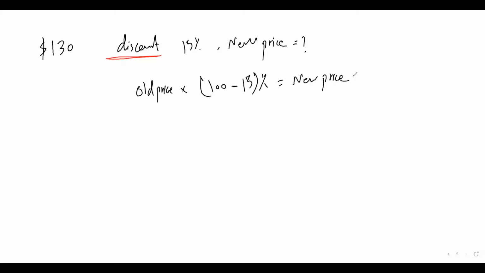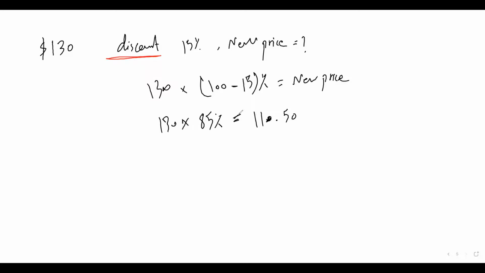And we know the value for old price, that is 130. So 130 times 85%, that gives you 110 and there's a 50 cent, I believe. Yeah. So this is the answer, right? This is the answer. We do one more question and then move on to the last topic.